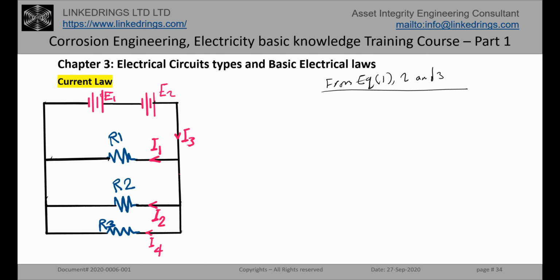Let's take this circuit where we have 3 resistances, the same previous circuit, and study it more. From equations 1, 2 and 3, we come to the point that E1 plus E2 equals I1 times R1, which equals I2 times R2, which equals I4 times R3.